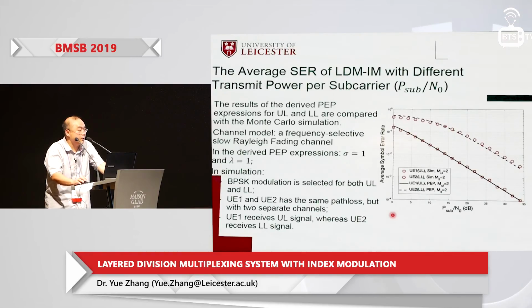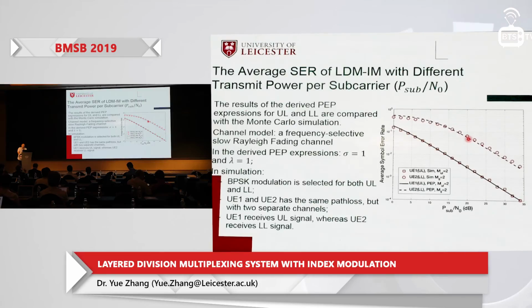So in this case, we constructed the simulation first. Each individual dot is a pure simulation. We send our data using the two modulations in a Monte Carlo simulation, and we get these dot results versus power over noise per channel.